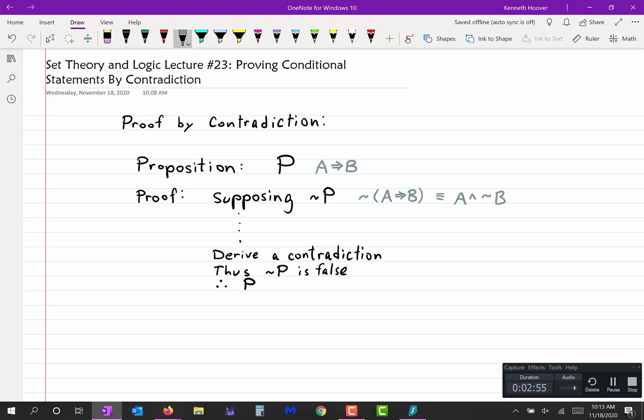Okay, so what I'm saying is that if you're trying to prove A implies B, and you want to do a proof by contradiction, then we start off by supposing A and not B. I wrote supposing, I should have just written the word suppose.